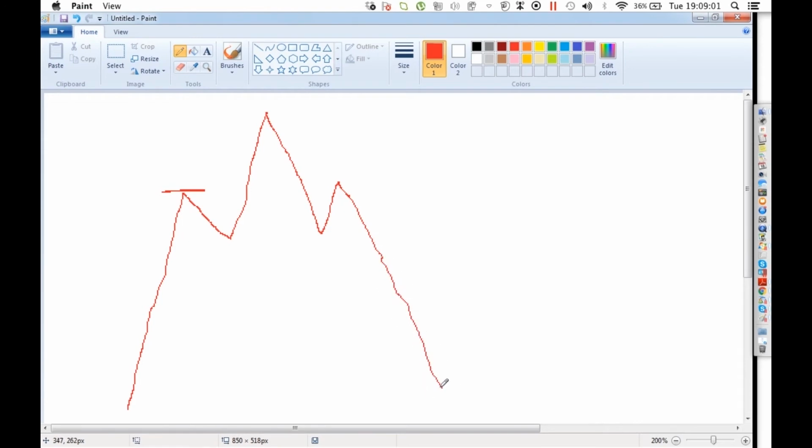Now this sort of reversal is quite difficult to spot, and even a trained eye can sometimes miss it, but that's how it happens. And then we have what we call the left shoulder. This is the head, and this is the right shoulder.